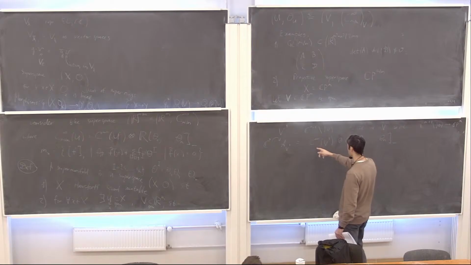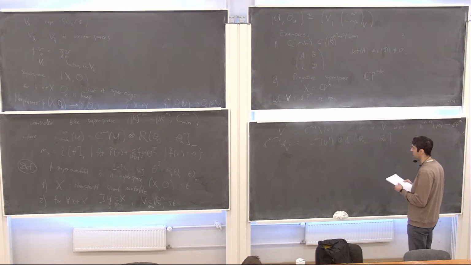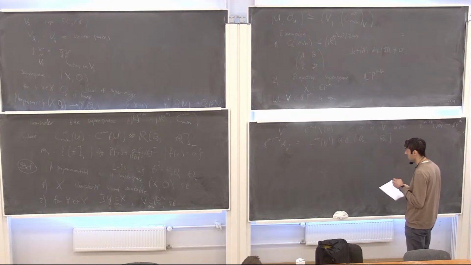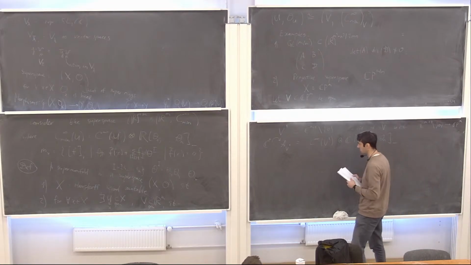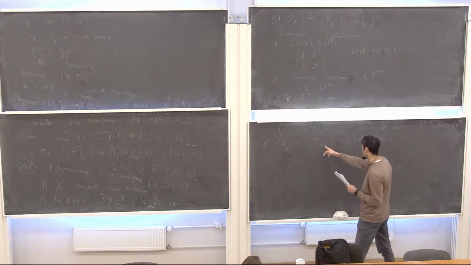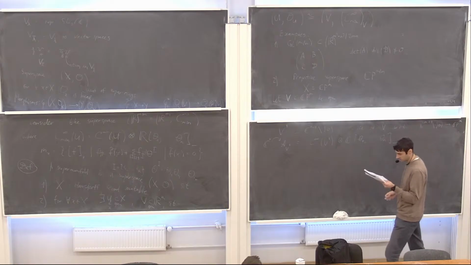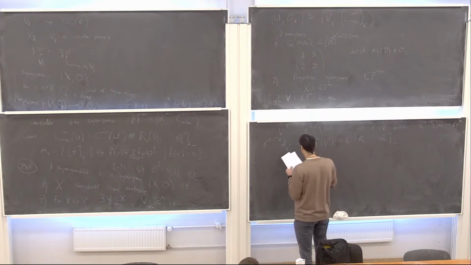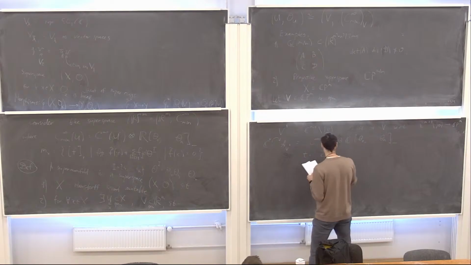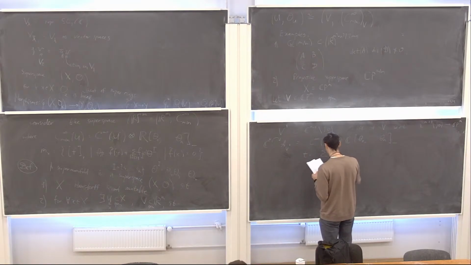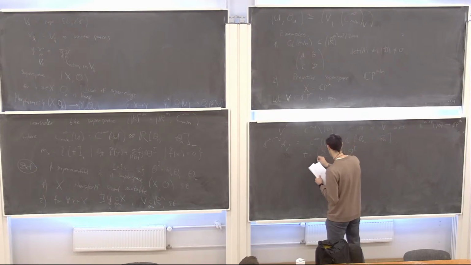It acts, of course, on C infinity of V'. On V' it acts because it's a lift of V, right? So more explicitly, what's the action? The action is the following: T acts on something like this, f_I(x) theta_I, as follows.